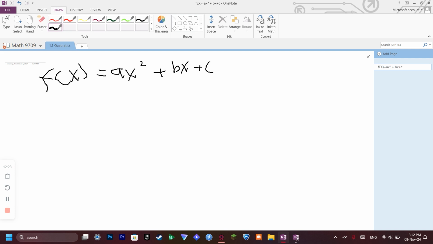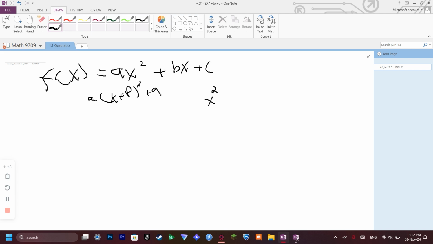Another good thing to know about the completed square form is that if you have a quadratic in the general form a(x plus p) squared plus q, the turning point is actually minus p and q. Why is that? This is gonna be a bit more clear in the transformation chapter, but if I originally had x squared, what did I do to get from x squared to this?